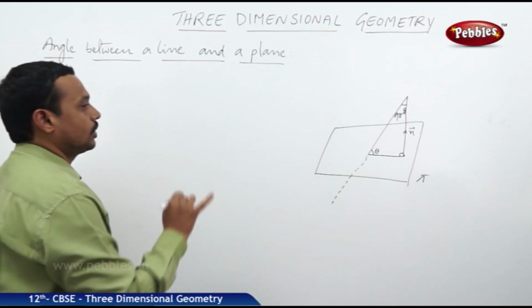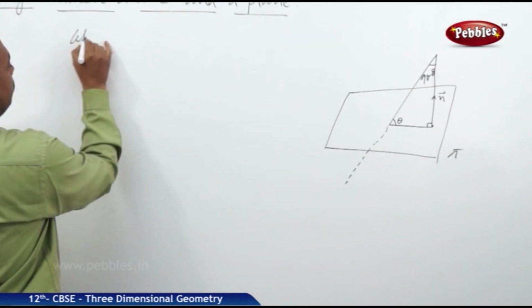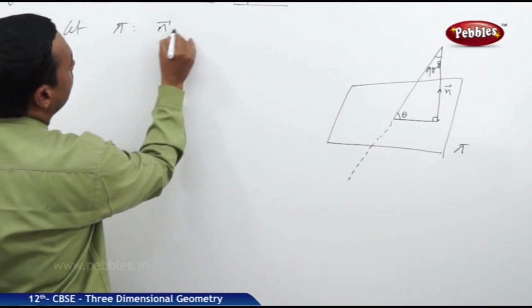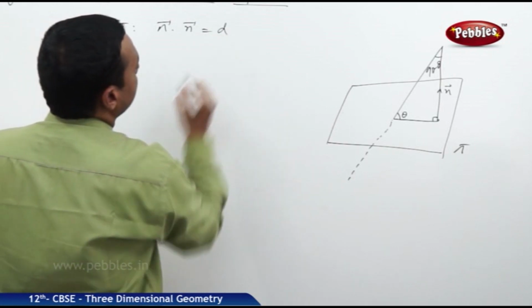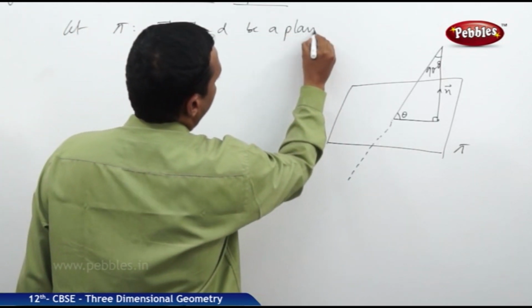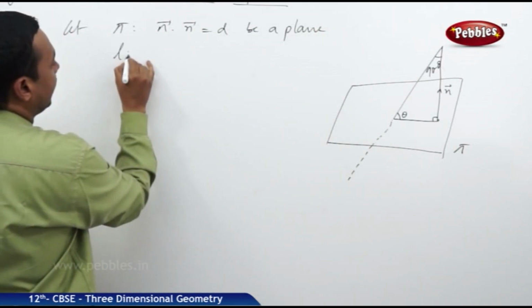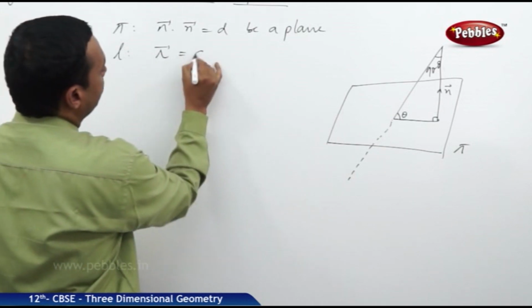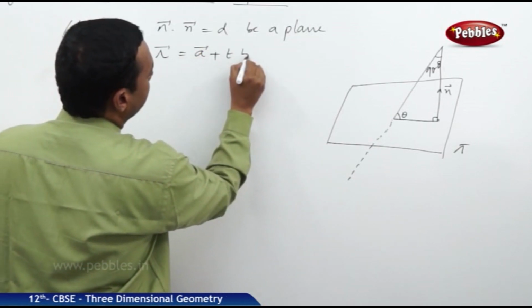Right now let us take a plane pi, that is r bar dot n bar is equal to d, and a line L, r bar is equal to a bar plus t into b bar.